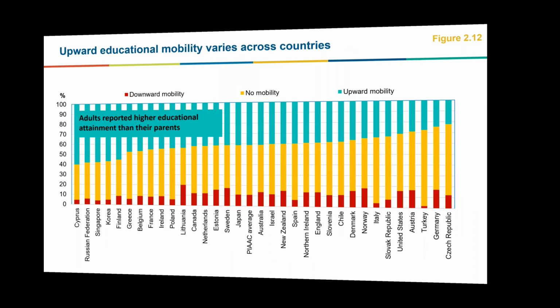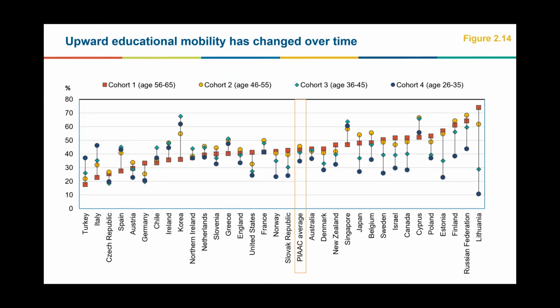What's also interesting, when we look at this over successive cohorts, we can see in many countries, upward mobility was higher among those who are today 56 to 65-year-olds than among those who are today 26 to 35-year-olds. In the early phase of rapidly expanding education systems, it was easier to move more people upwards, whereas today, where education is already quite well developed, there is always a residual that is harder to move upwards.